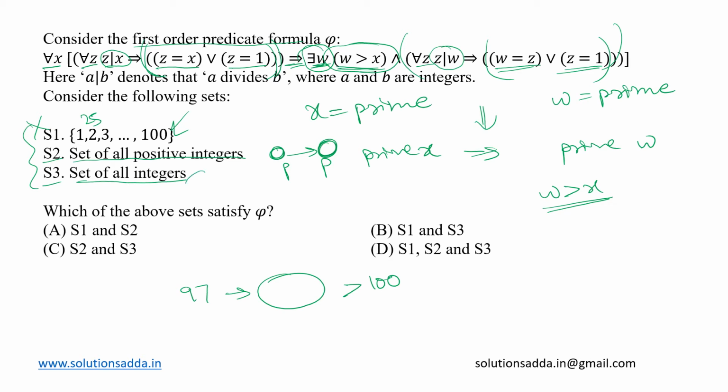Here we can do the same thing for negative numbers, and we can do the same thing for positive numbers as well. So for any given number, we can definitely find the next greater prime number. Hence, both S2 and S3 satisfy the predicate formula, and hence we can go with option C, which is S2 and S3. So that is the correct answer.